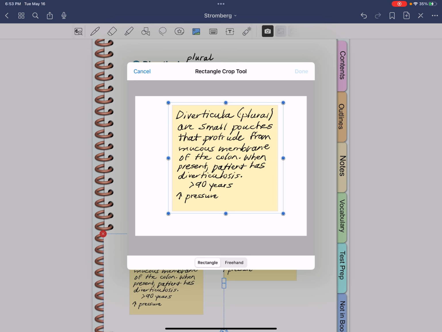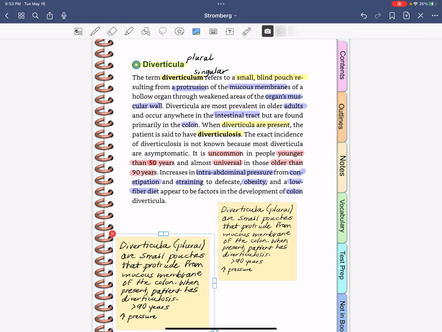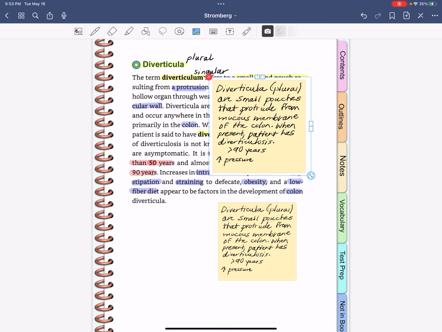And when time comes to review what I've learned, I would review the Post-it note. Now, if you have lectures where your instructor's talking more about diverticula, I would turn to this Post-it note and I would add notes to my Post-it note. I would take the notes that I've already found and add on to those as needed.